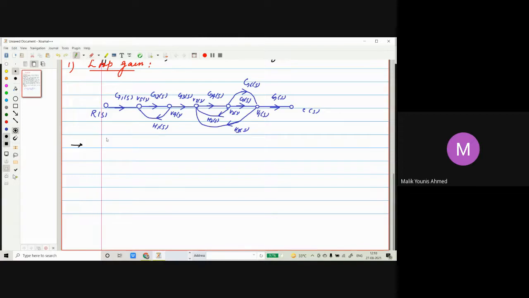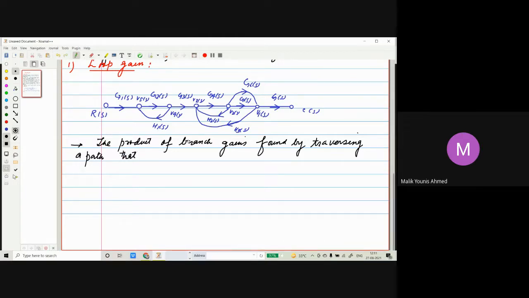So the product of branch gains found by traversing a path that starts at a node.